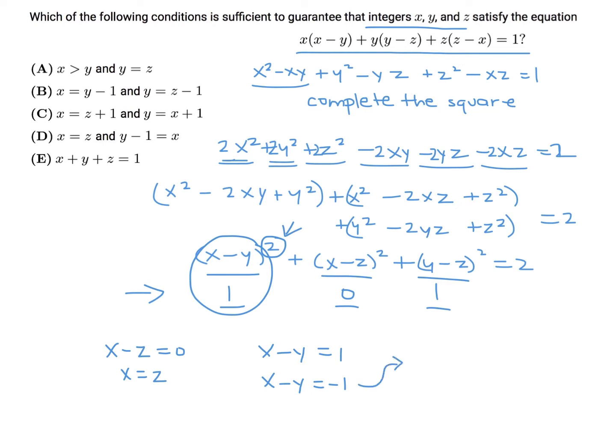And from this, we can get that x is equal to y minus 1. I'm just trying to figure out something that matches the answer choices, and I think this does it. Yeah, x is equal to z, and x is equal to y minus 1. There we go. I just got it. Okay, great. Number 12, the answer is D.